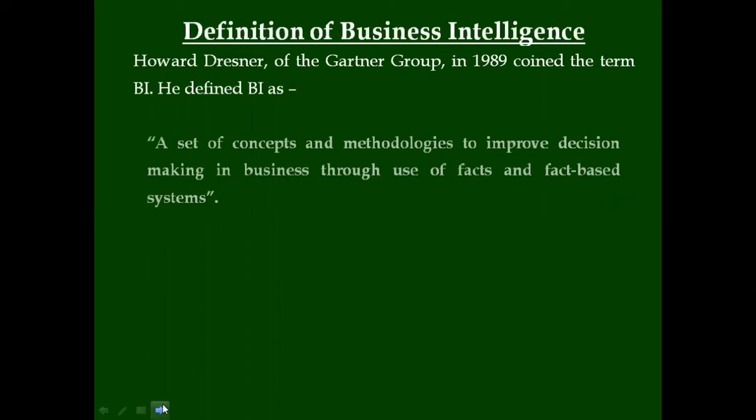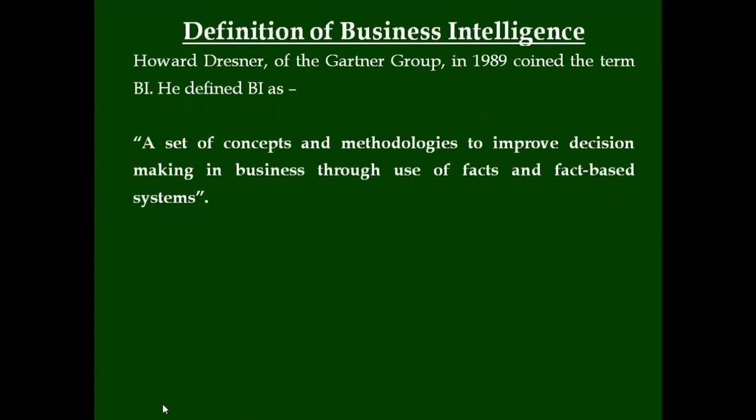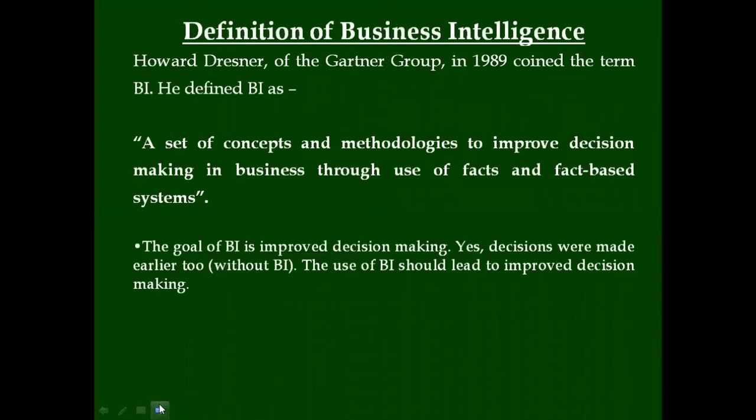He defined business intelligence as a set of concepts and methodologies to improve decision making in business through use of fact-based systems. The goal of business intelligence is to improve decision making.